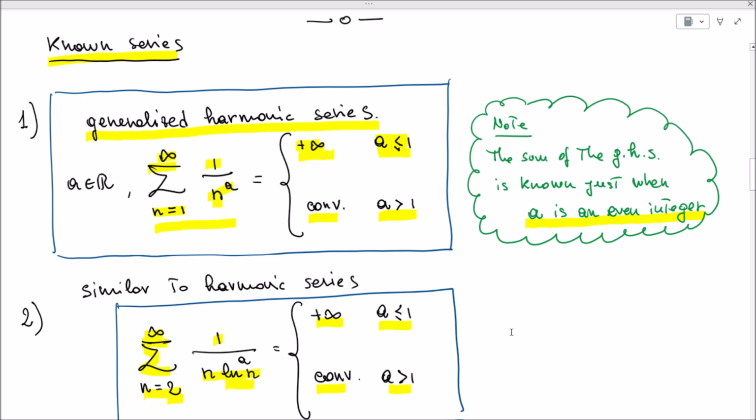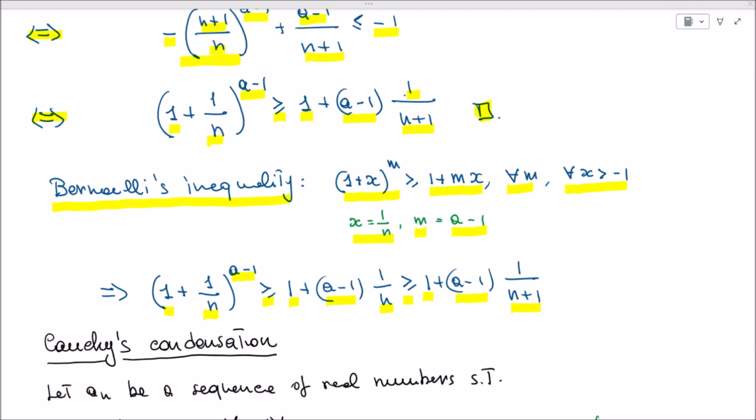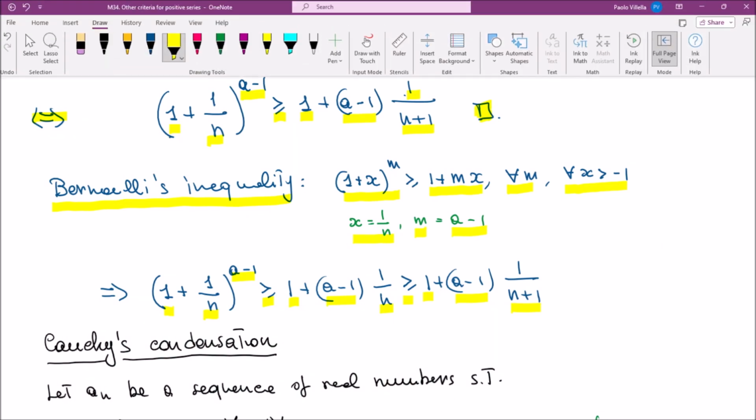Because in fact, we just proved that if a is less than or equal to 1, the generalized harmonic series will diverge to plus infinity, and if a is larger than 1, the partial sums, which are weakly increasing, are bounded. So the only option that we have is that the sum of 1 over n to the a is convergent. So that was an example of use of ad hoc inequality to study generalized harmonic series.